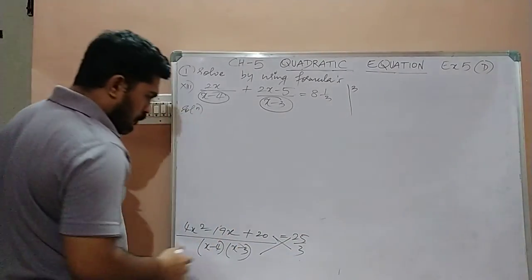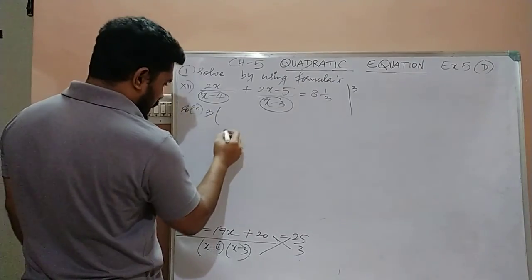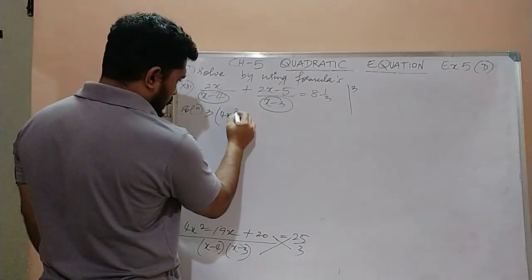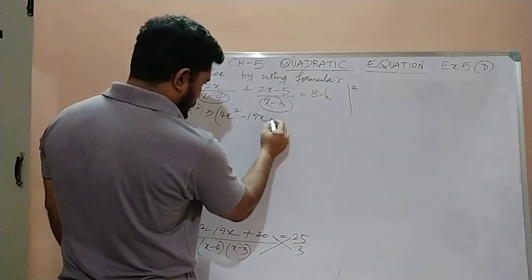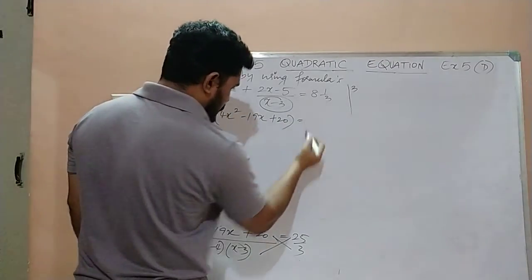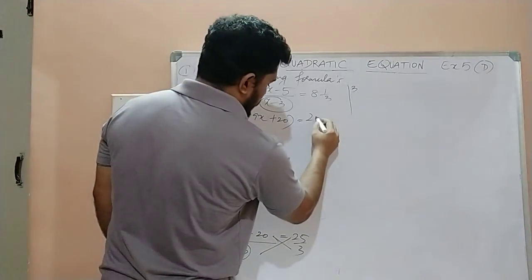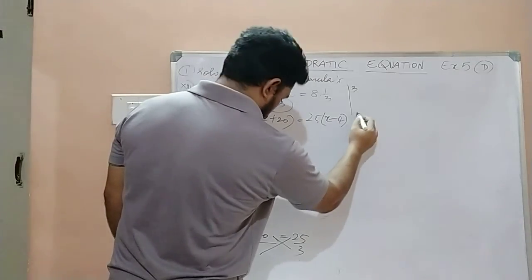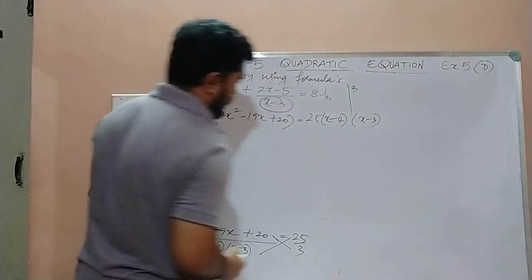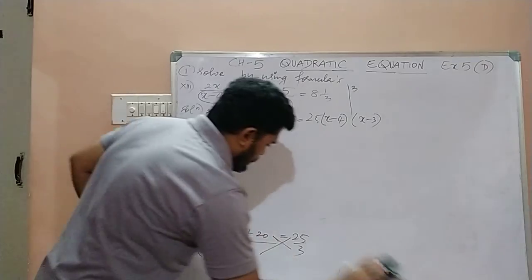So after this step, what should come? 3 should get multiplied with 4x square minus 19x plus 20, which is equal to 25 into x minus 4 into x minus 3. Correct? I'll just rub this.